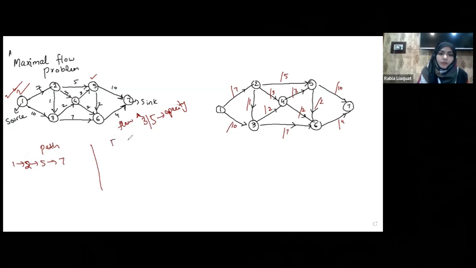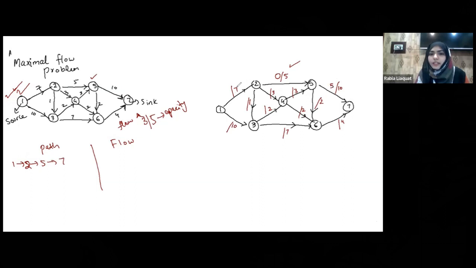What will be the flow? First of all, 1 to 2, 2 to 5, 5 to 7. What is the shortest capacity from 1 to 2, 2 to 5, 5 to 7? The shortest capacity is 5. So 5 minus 5, we write 0. 10 minus 5 is 5.